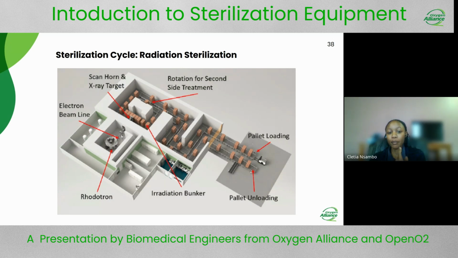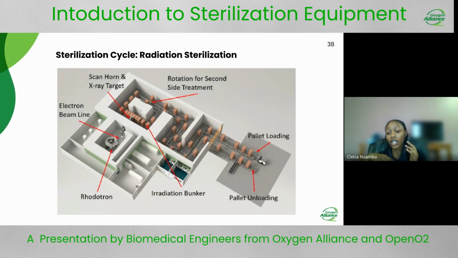And then, as mentioned earlier, they move on the conveyor belt, which leads them to the treatment area, where they're exposed to the radiation. So this is the exposure phase. When they're exposed to the radiation, depending on the type of radiation, for gamma radiation, the radiation comes from more angles, multiple directions.